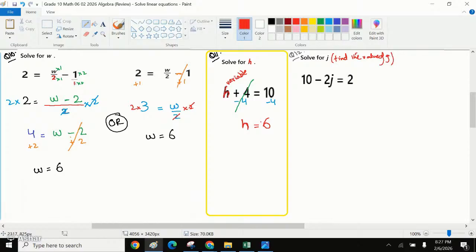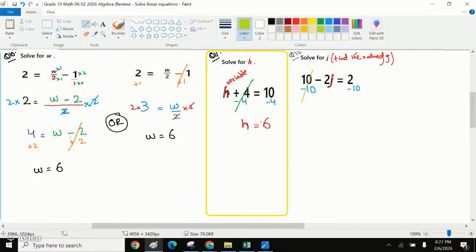So what we can say is, preferable is we can take the 10 to the other side, right? We can subtract 10 on either side, 10 goes to the other side. So what we can do is subtract 10 on either side because we want to separate this value of j.